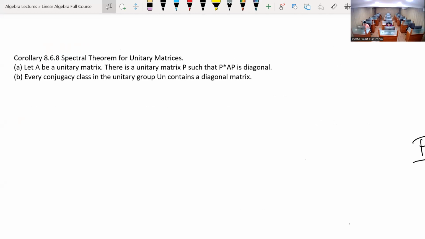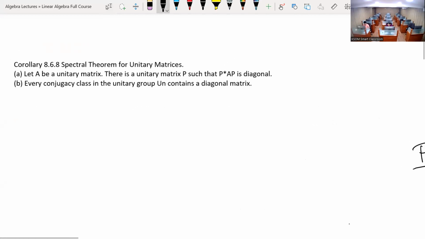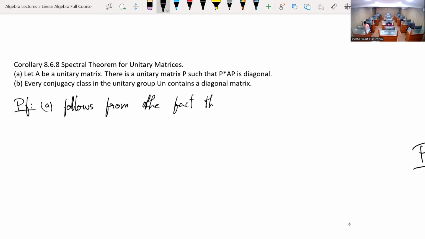So this corollary follows from the fact that A is unitary, then A is normal, and the spectral theorem is true for normal matrices.